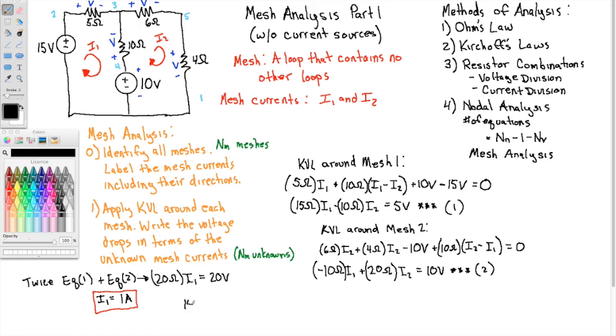So I've got 15 ohms times 1 amp minus 10 ohms times I2 equals 5 volts. So this is 15 here. So when I subtract that, I get 10 ohms I2, 15 minus the 5 gives me 10 volts.